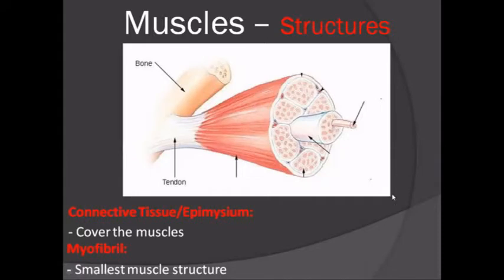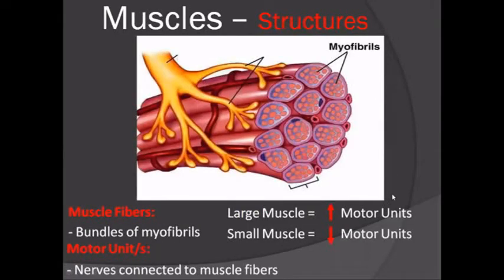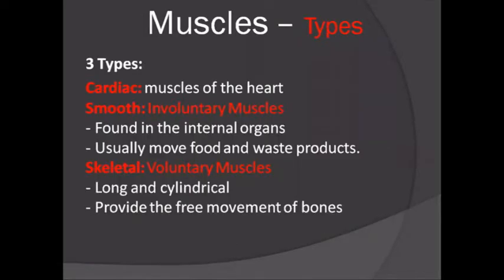Next, we have muscle fibers, the bundles of myofibrils. And as you can see, they have their own group, that is what we call muscle fibers. And the motor units, nerves connected to muscle fibers. Large muscles have high motor units, while small muscles have less motor units.